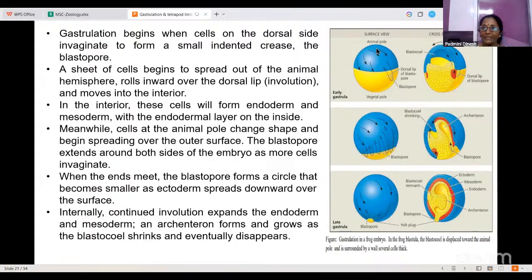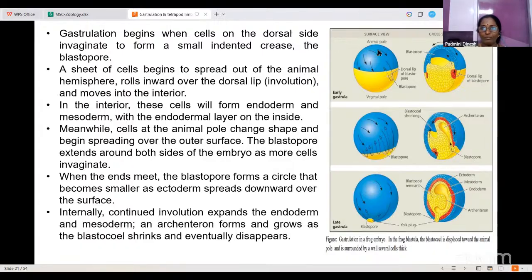Here again, you have to understand that after the blastula stage, when it comes to the gastrulation stage, at one particular place this is going to occur. It's not going to occur at any random place. The dent is definitely going to take place only at the dorsal lip of the blastopore. You can see a small dent has been formed over here.